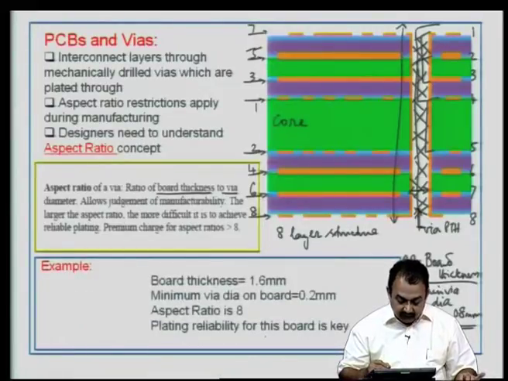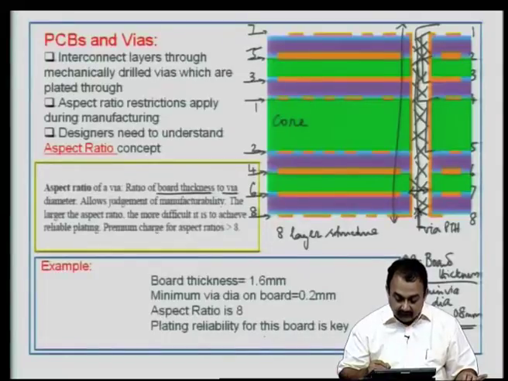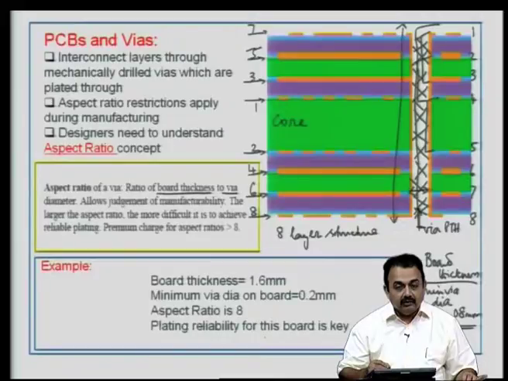If you take another example where the board thickness is 1.6 mm, but the diameter of the vias is 0.2 mm, 0.2 mm mechanically drilled vias, the aspect ratio has increased to 8. It is going to be very difficult to achieve very high reliability for these kinds of boards.